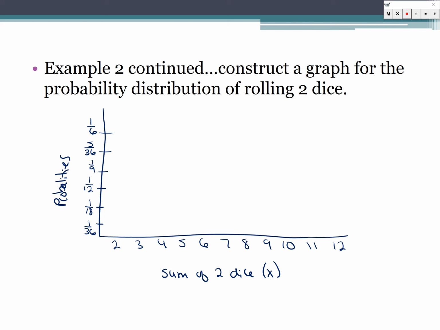And all we do to make the graph is just draw a vertical line from our specific outcome to its matching probability.